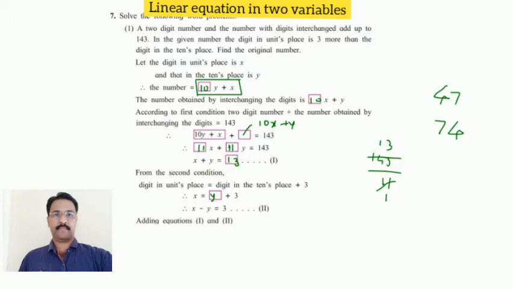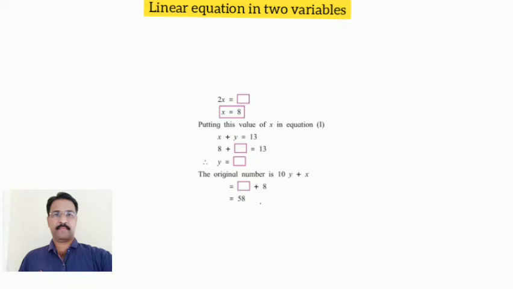Because of the plus y and minus y, we add the equations. On addition, the y term gets cancelled. So x plus x is 2x, and 13 plus 3 is 16. So 2x equals 16. This is very important.